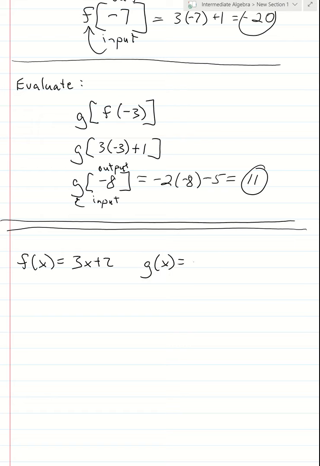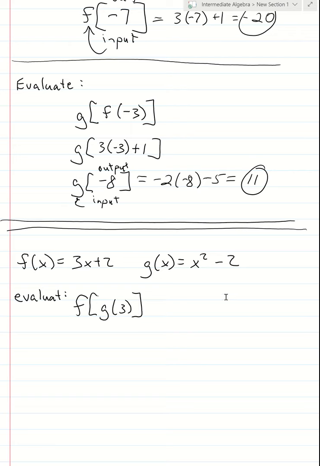That is going to be the input squared minus 2. Well, let's see what we can do now. Let's say I'm going to ask you to evaluate maybe f of g of 3. Once again, let's work through this one together.